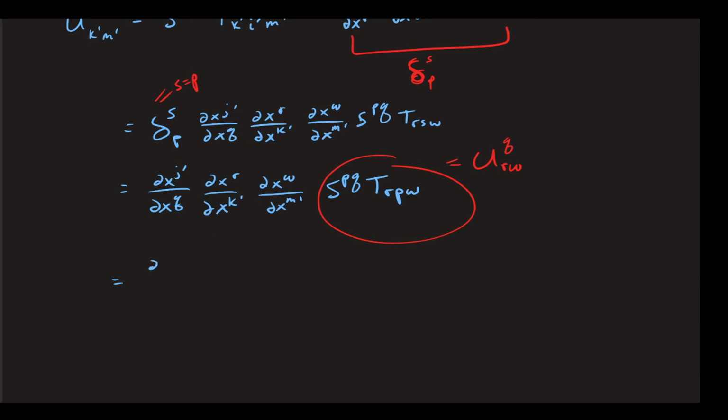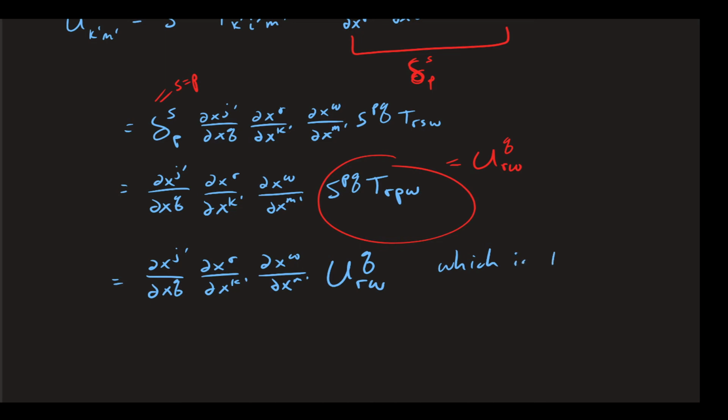So this is ∂xj'/∂xq, ∂xr/∂xk', ∂xw/∂xm', UQRW, which is the transformation law of a 1-2 tensor.